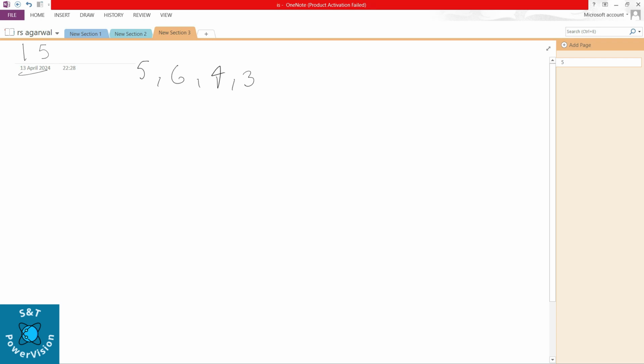If you find the LCM of these four numbers, it is 60 here. Now find the least number which should be added to 2497 so that the sum is divisible by 5, 6, 4 and 3. So we'll divide 2497 by 60.